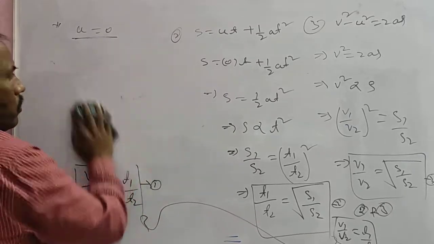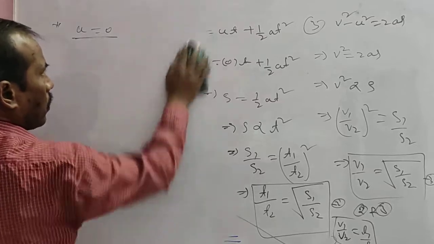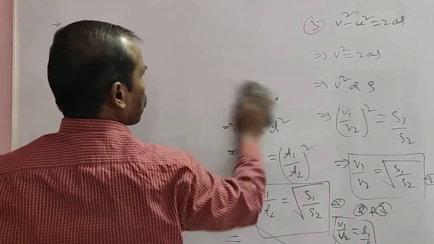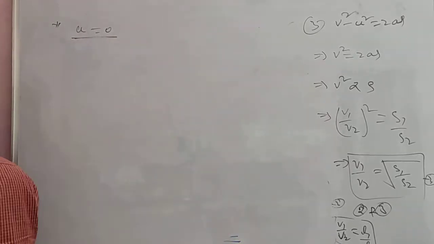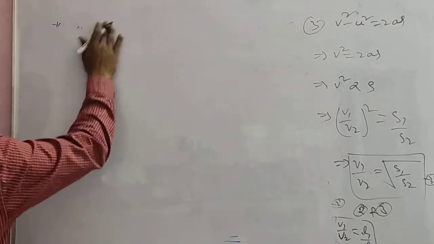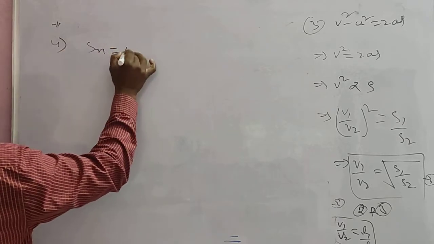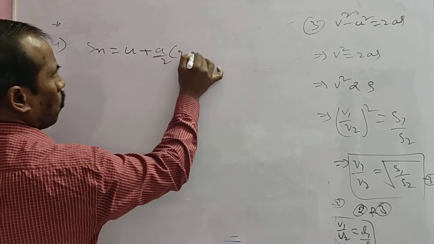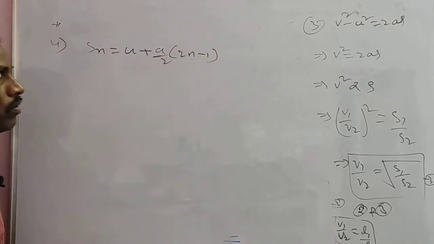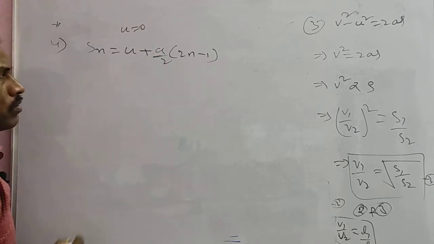Here the fourth equation: Sn is equal to u plus a by 2 into 2n minus 1. In this formula, u is equal to 0.